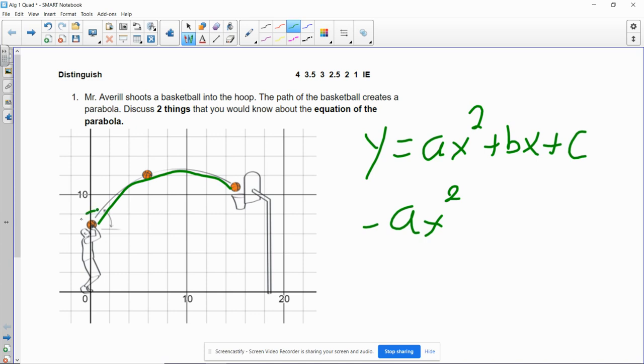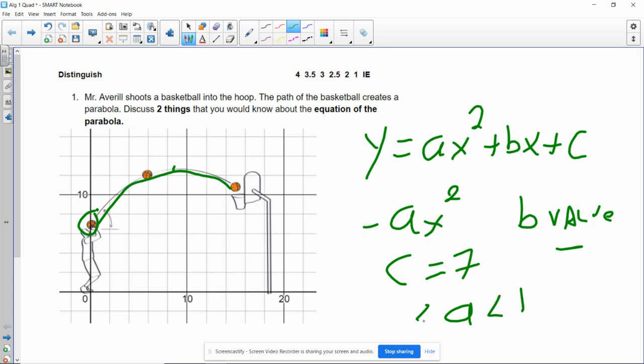I see the y-intercept is at about 7, so the C value will equal 7. I see my vertex is to the right, so I know my B value will be negative. I see it's a very wide parabola, so my A value will probably be less than 1 but greater than 0.